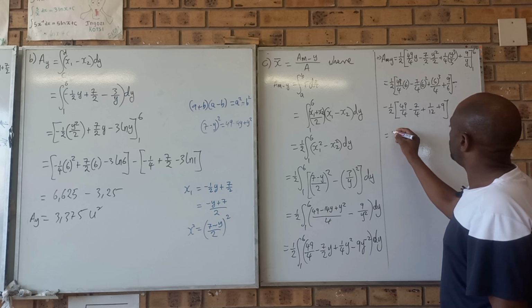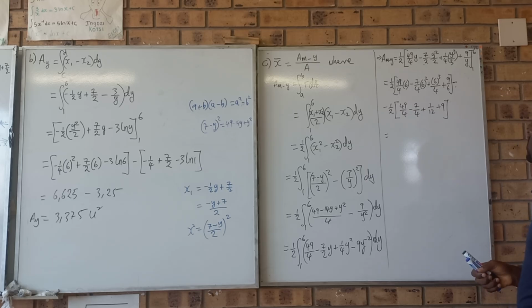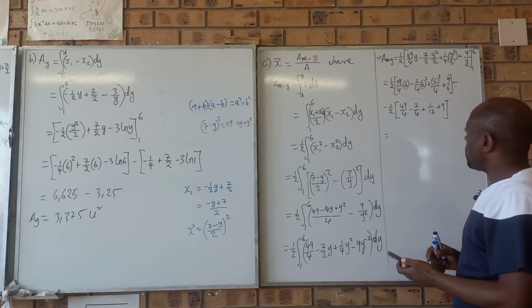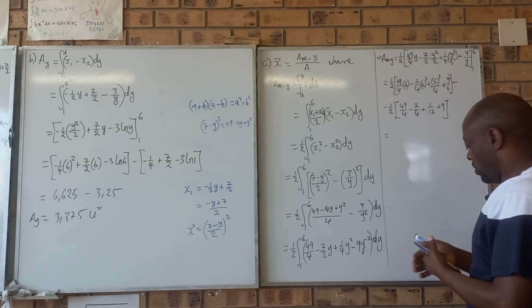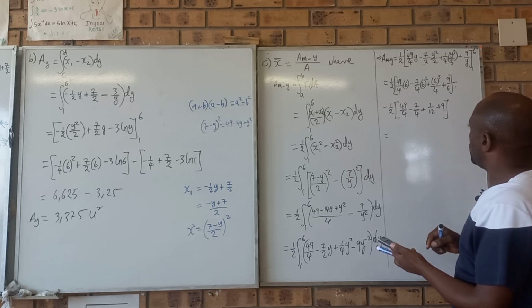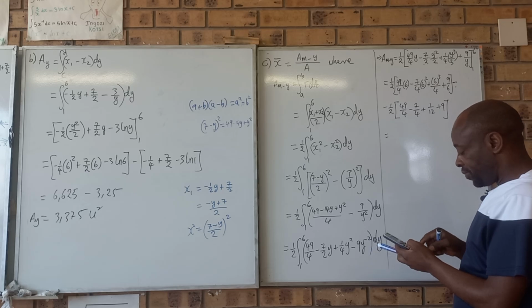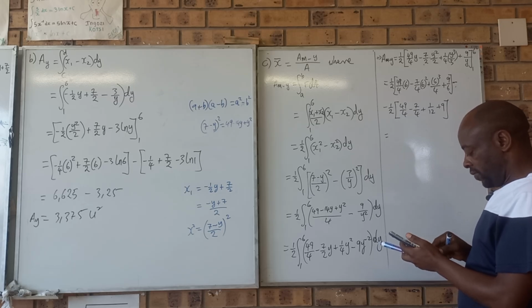So I'm going to do my upper limit minus the lower limit on my calculator to see what I get. So if I go to my calculator, it might take me a little bit of time, but I will try to go through that. So that is 49 times 6, all that on 4.